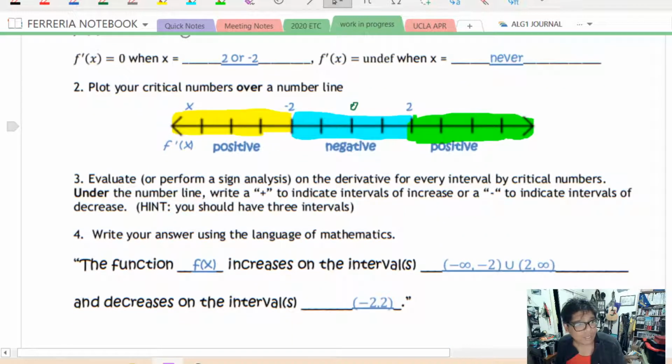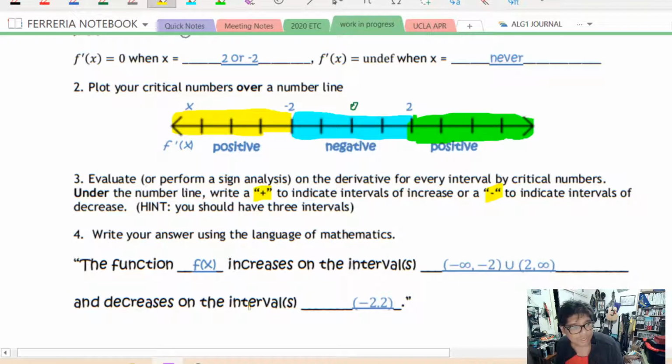Okay, so now that we've done that sign analysis, sometimes we don't like to write the word positive. We like to just put a plus sign. Sometimes we don't like to write a negative. We'll just use a negative sign, and that's perfectly fine. So we're going to use the language of mathematics and write this. The function f of x increases for the intervals of negative infinity to -2, union with +2 to positive infinity.